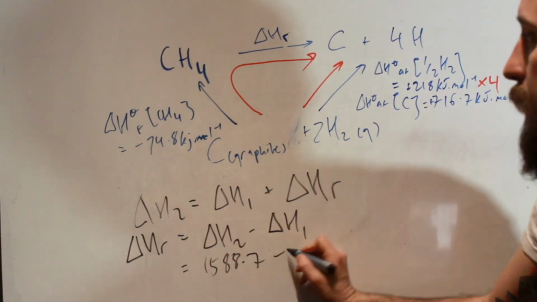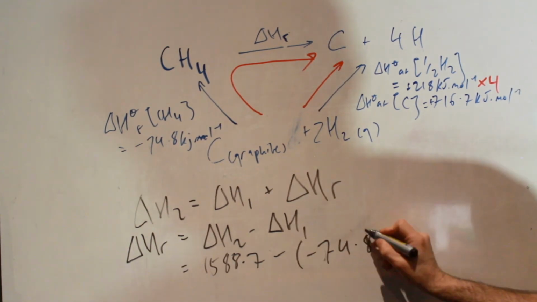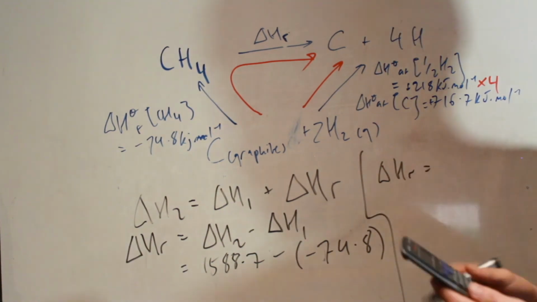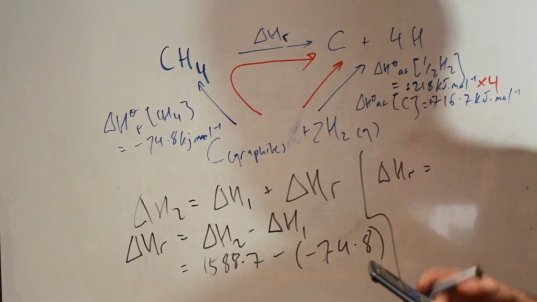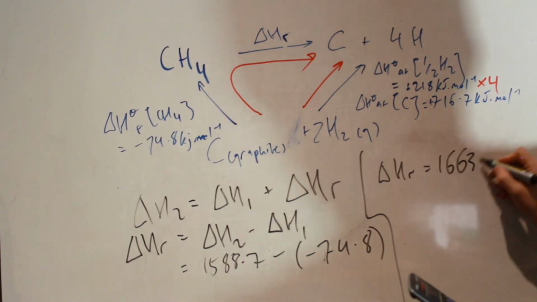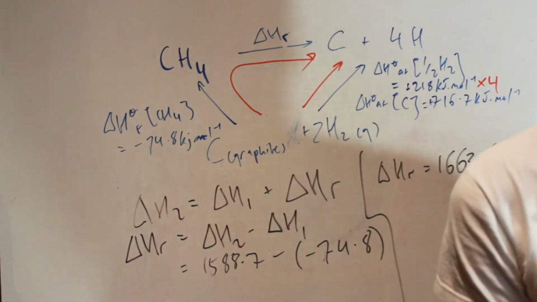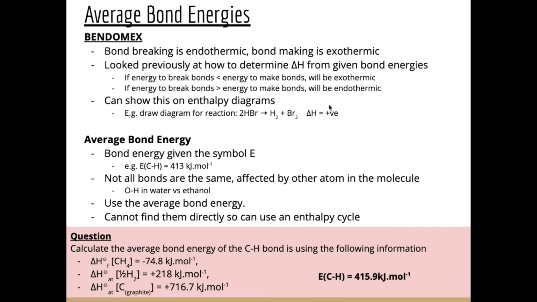And then I'm going to minus from that the value over here, minus 74.8. That's going to give me a delta H of the reaction equaling 1663.5 kilojoules per mole. But if I look over here, the answer is not that.